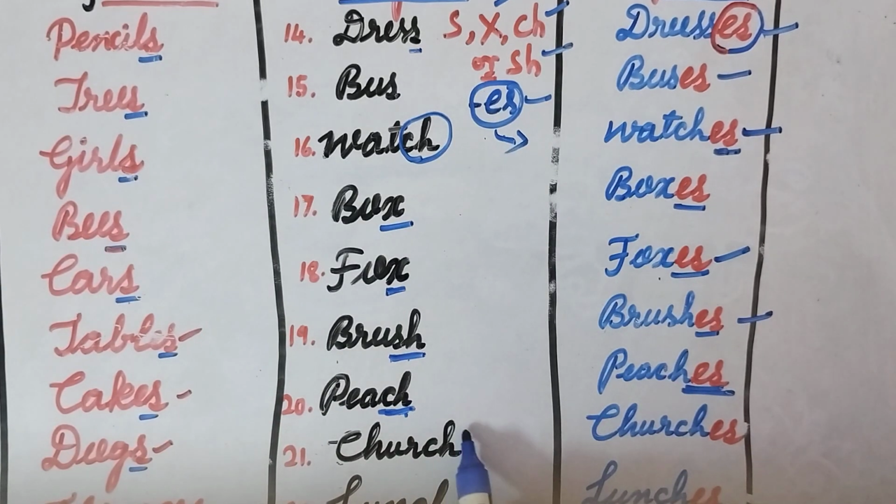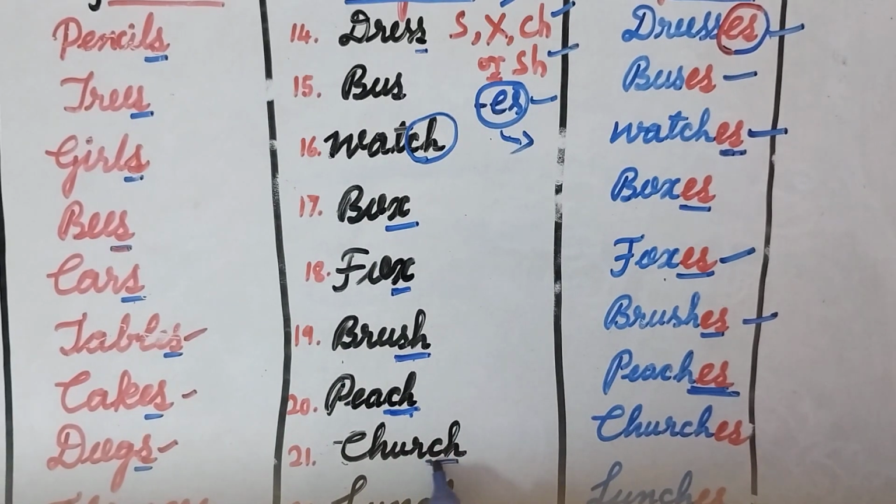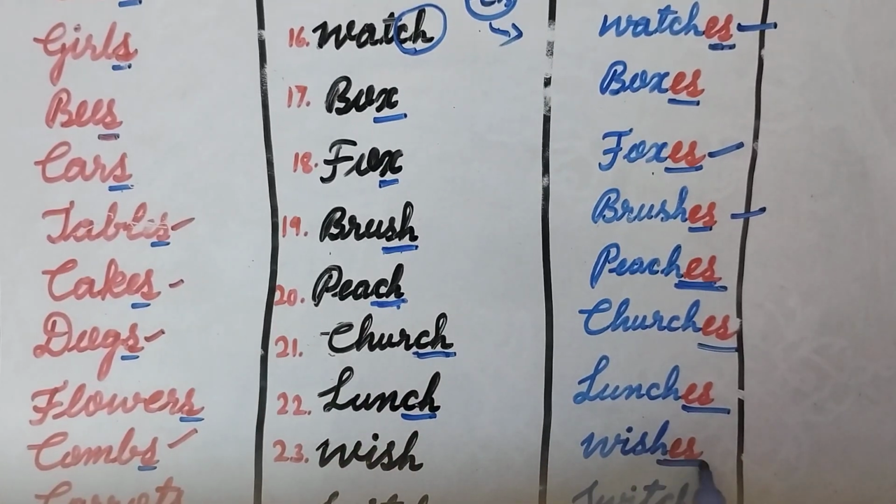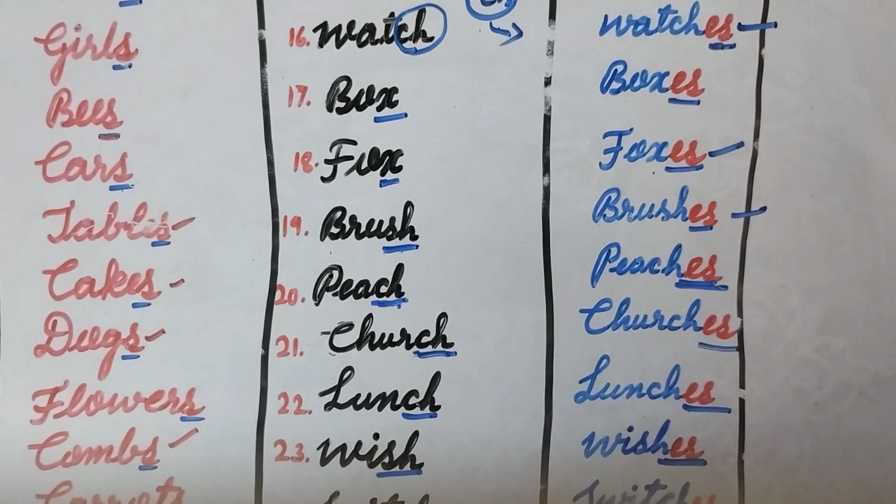Church ends with the letters ch. So churches, the plural form of church. Lunch, lunches. Wish, wishes. This word wish ends with the letters sh. So wishes. Okay.